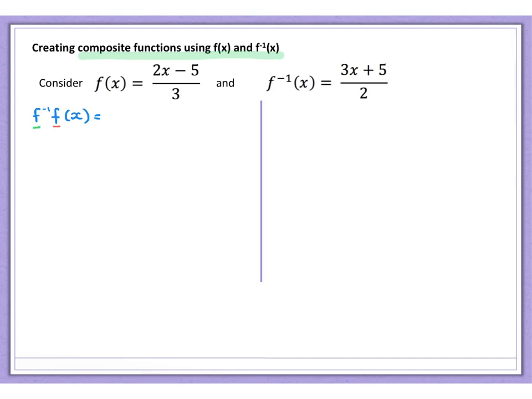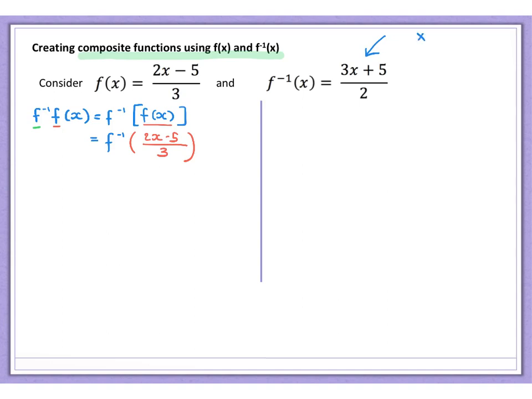So let's work this through in stages. This clearly means we're applying f⁻¹ to f(x), which means we're applying f⁻¹ to (2x − 5)/3. So what does the inverse function f⁻¹ actually tell us to do in words?